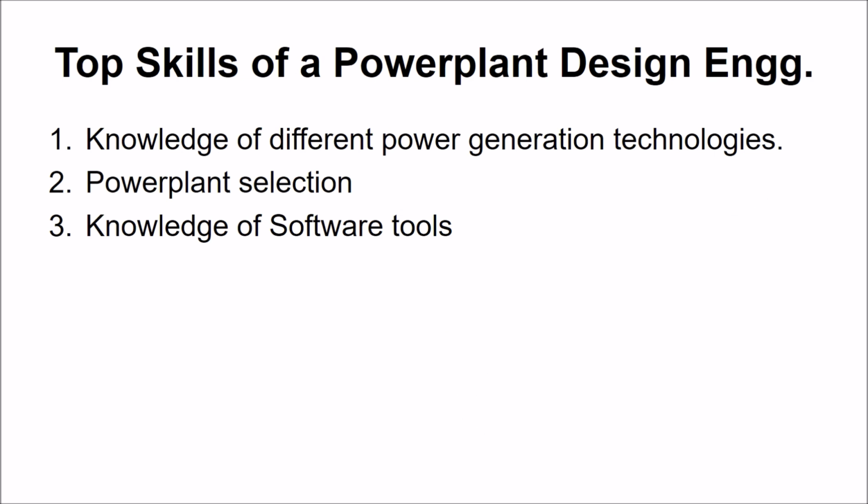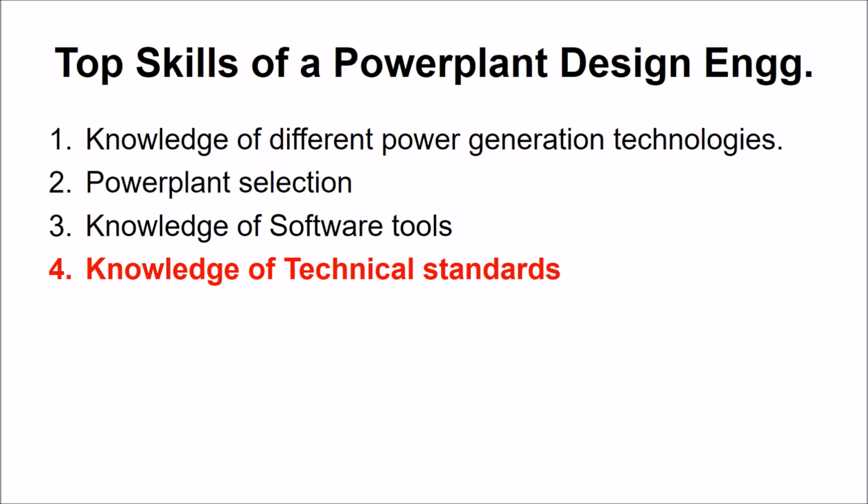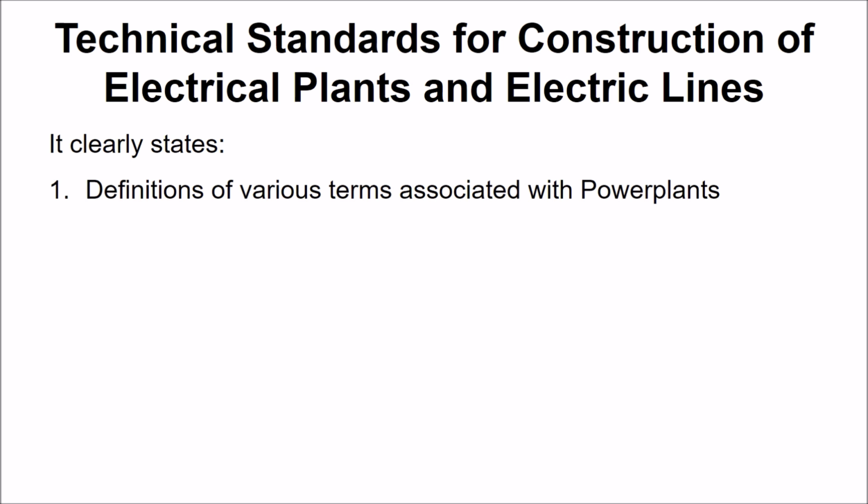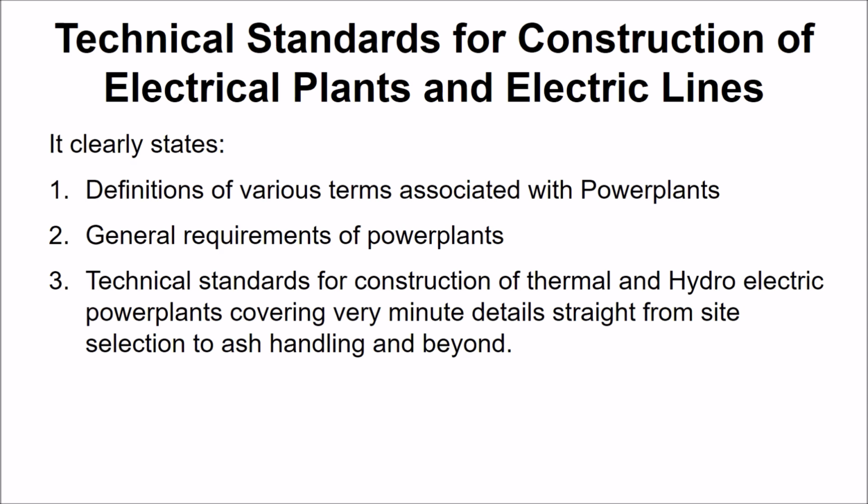The fourth important skill is the knowledge of various technical standards for power plants in whichever countries you are working in. In India, the Central Electricity Authority has published technical standards for construction of electrical power plants and electric lines in 2022, which clearly states the definitions of various terms associated with power plants, general requirements for power plants, technical standards for construction of thermal and hydroelectric power plants covering very minute details straight from site selection to ash handling and beyond.